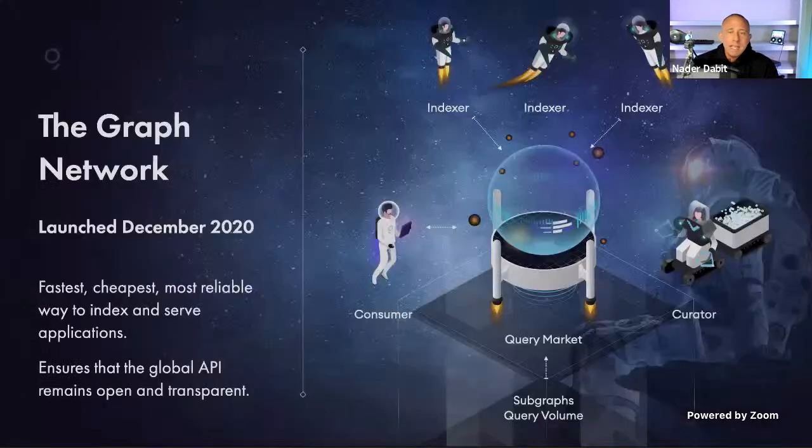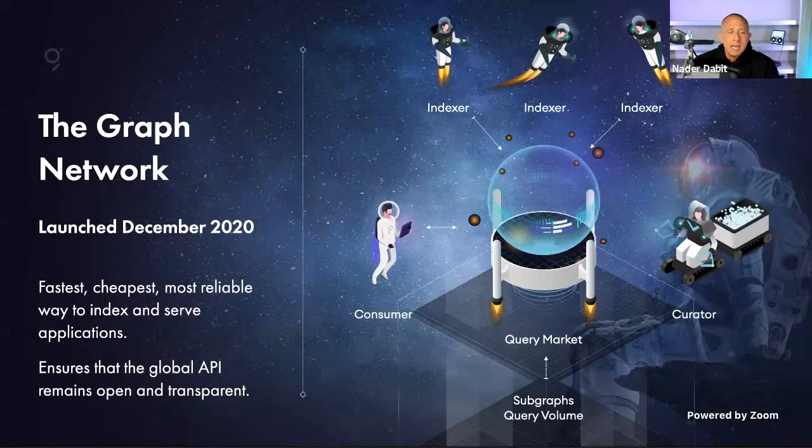Now, The Graph is a decentralized network. Well, actually, it has two different ways to deploy today. We have the decentralized network and we have the hosted network. The decentralized network is a fully decentralized protocol with different participants, different ways in which you can participate.